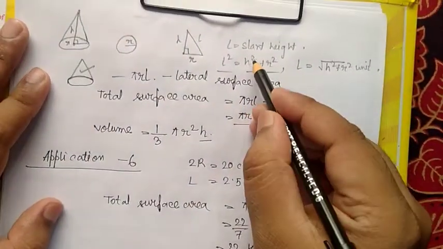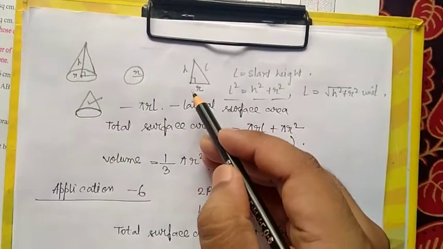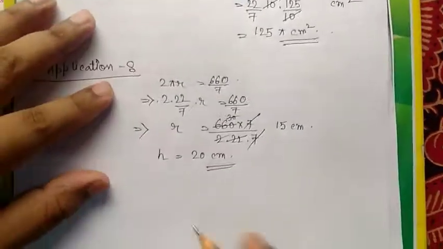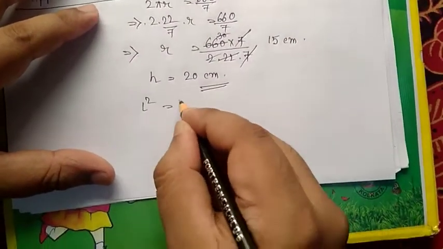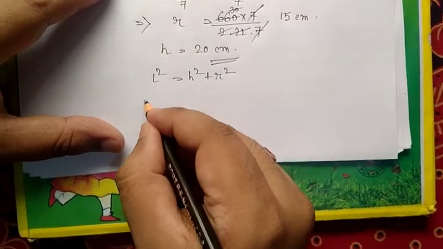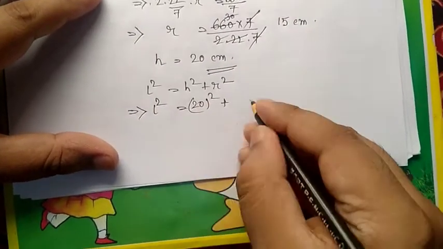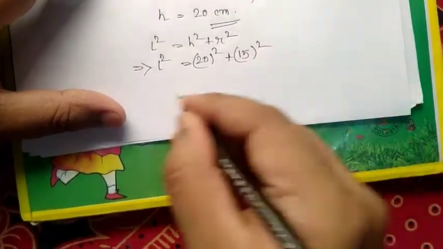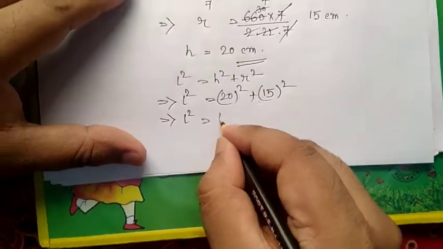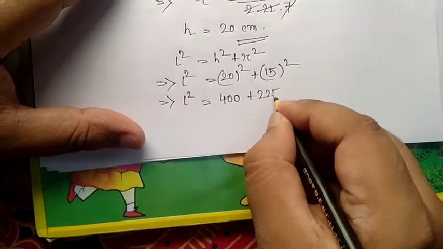Previously we discussed that the slant height, height and radius are in the relationship of a right angle triangle where L square equal to h square plus r square. We have to find L. So L square equal to 20 square plus 15 square. 20 whole square means 20 into 20, 400. 15 whole square means 15 into 15, 225.